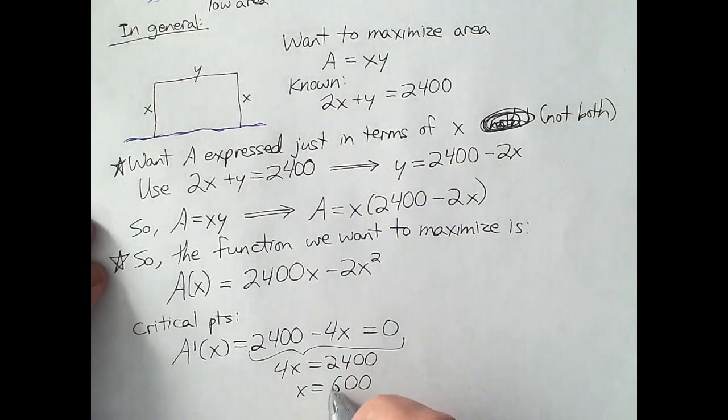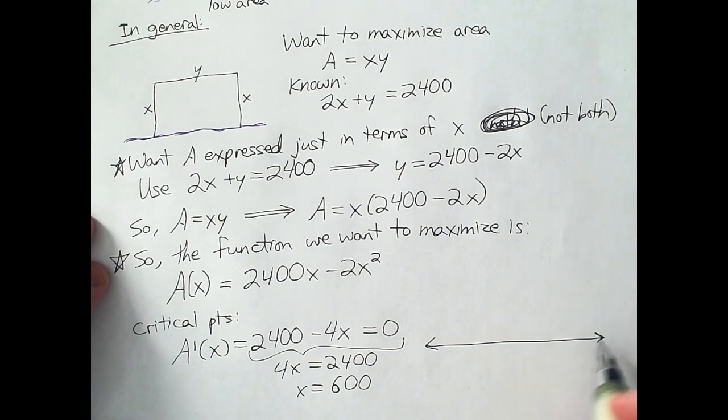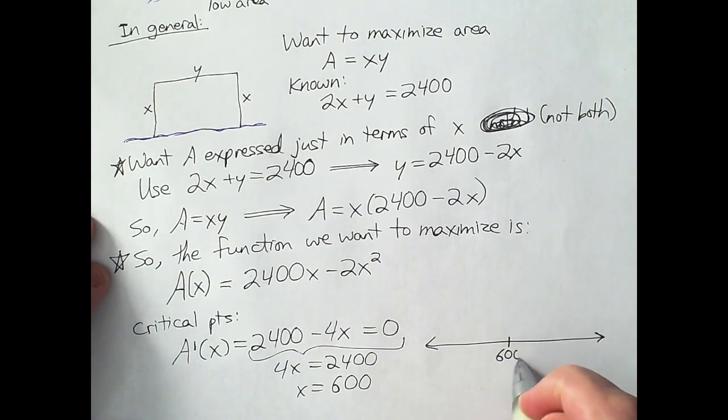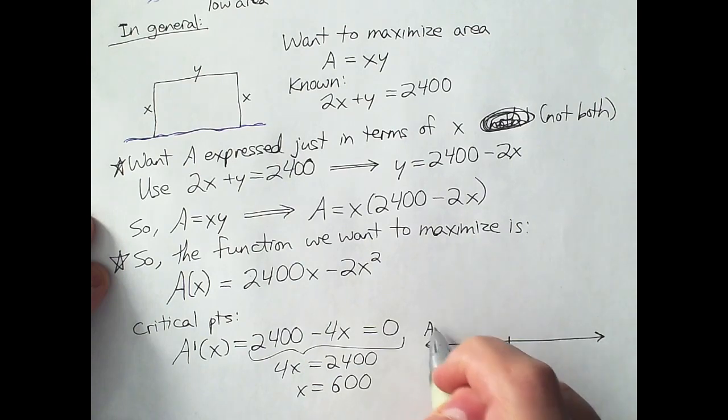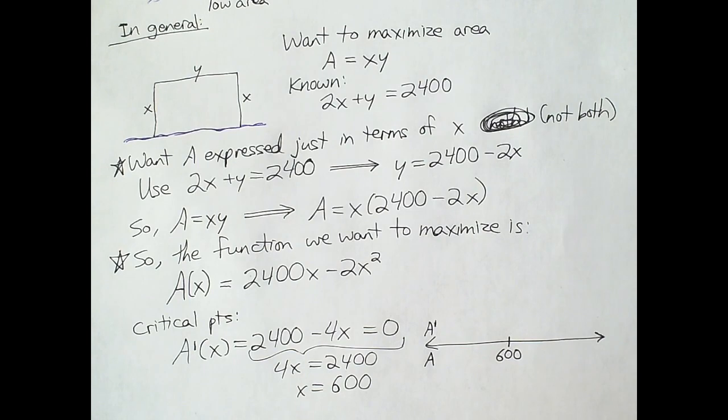But how do we know if a maximum actually occurs there? Well, we know how to find out. You set up a sign chart. You put your critical number on it, and you check something to the left of it and something to the right of it. So this would be A prime, this would be A. What we're looking for is a maximum for A. So we'd like to see this increase and then decrease. If we see increase and then decrease, then we know we're good.